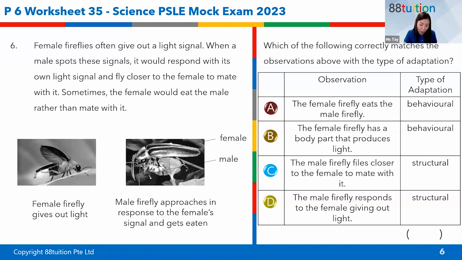So what kind of adaptation is that? When the female eats the male, is it correct that it's behavioral? Then the next one says the female firefly has a body part that produces light. Is it behavioral? This one should be structural, right?